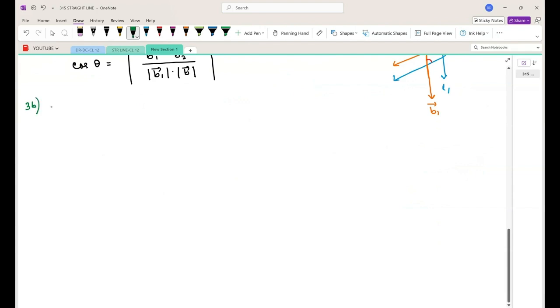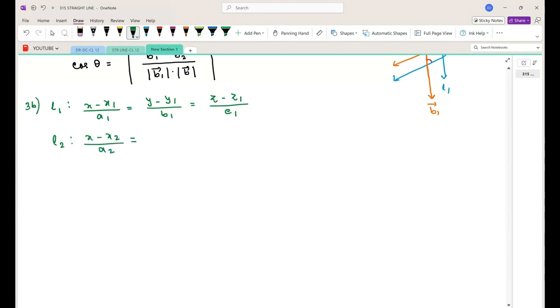So here let the two lines be, say L1 is... where you already know from the second part of the theory above what x1, y1, z1, x2, y2, z2, etc., what they mean.